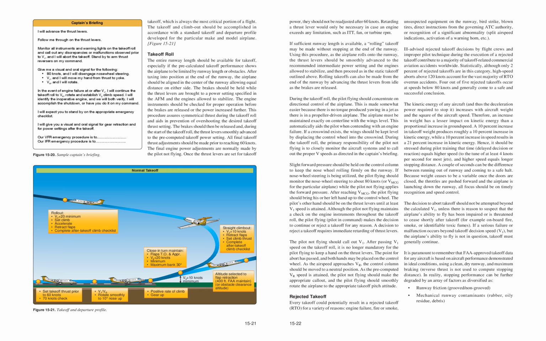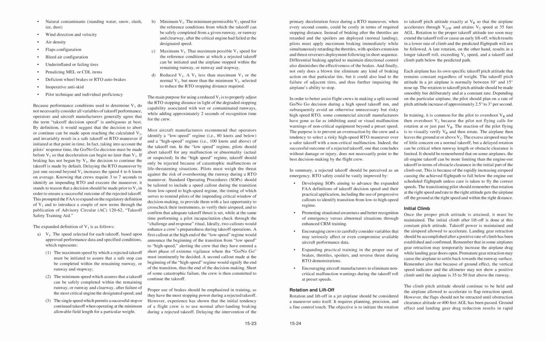In reality, stopping performance can be further degraded by an array of factors as diversified as runway friction, grooved/non-grooved, mechanical runway contaminants, rubber, oily residue, debris, natural contaminants, standing water, snow, slush, ice, dust, wind direction and velocity, air density, flaps configuration, bleed air configuration, underinflated or failing tires, penalizing MEL or CDL items, deficient wheel brakes or RTO auto brakes.